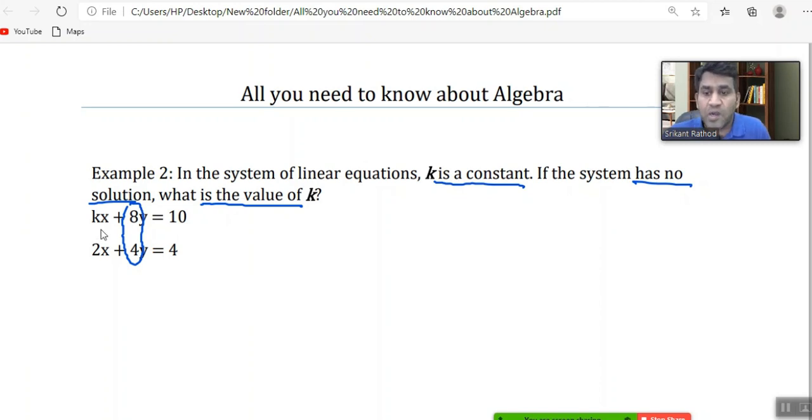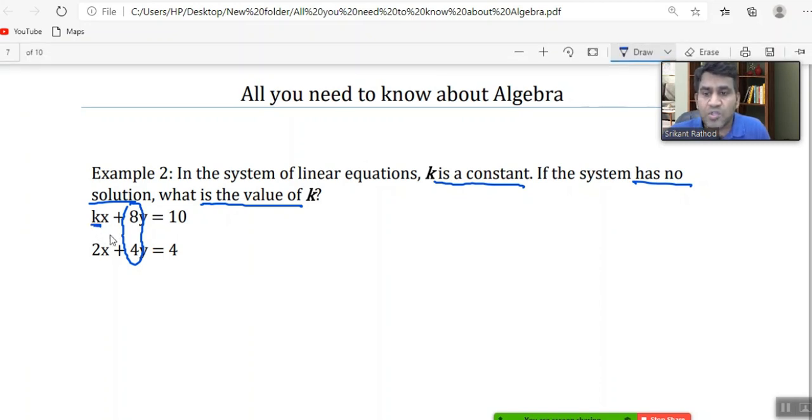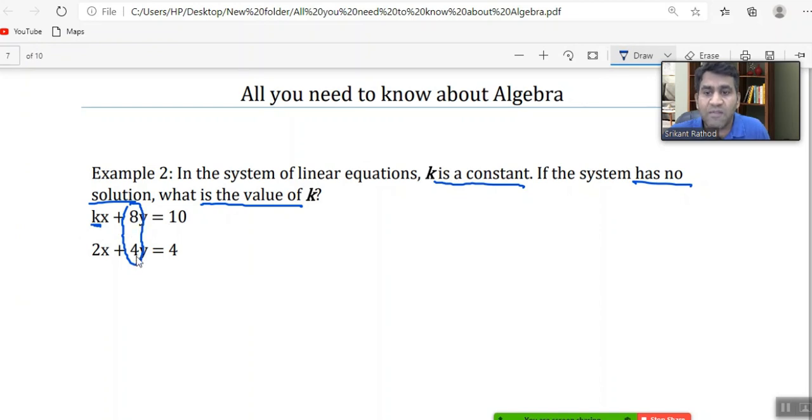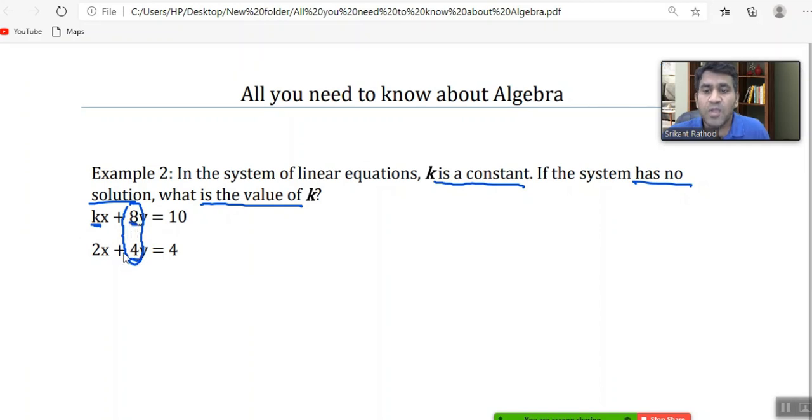Here it is along with x, so we have to make the coefficient of y the same. The coefficient of y here is 8, but the coefficient of y here is 4. So how can I make the value of y here also 8? We need to multiply this expression by 2.